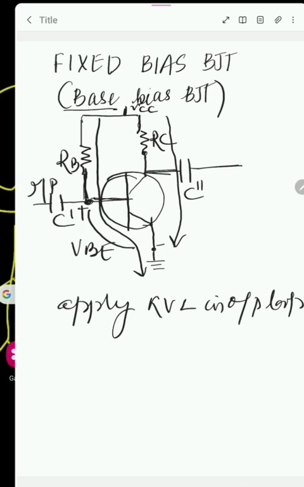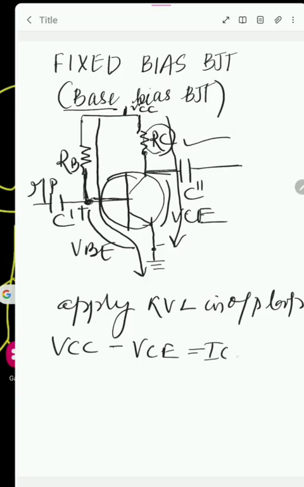The supply voltage VCC minus the voltage across collector to emitter, VCE, equals the voltage across the RC resistor, which is IC RC.